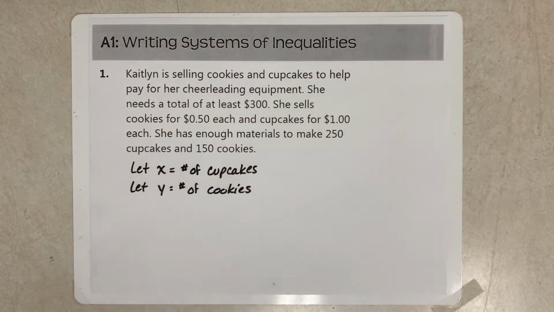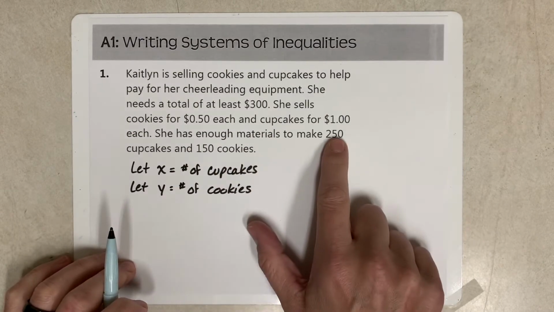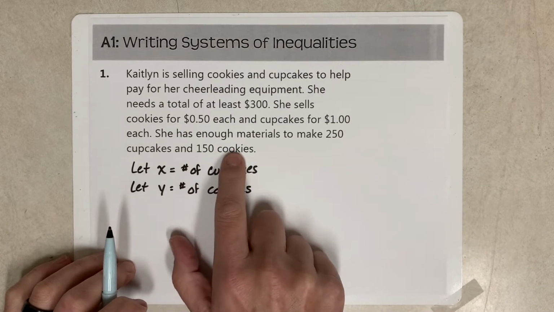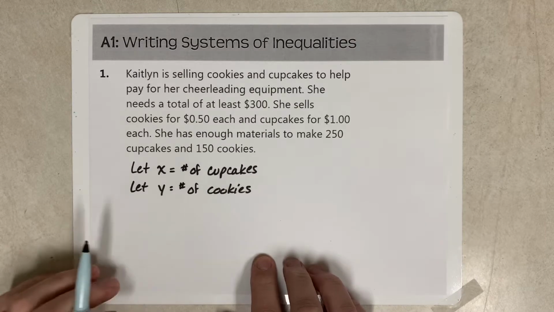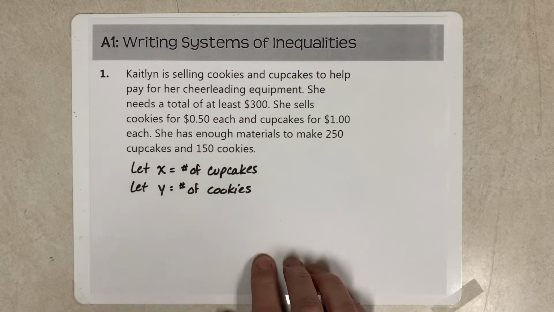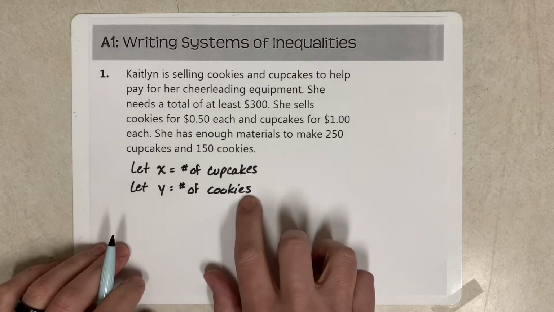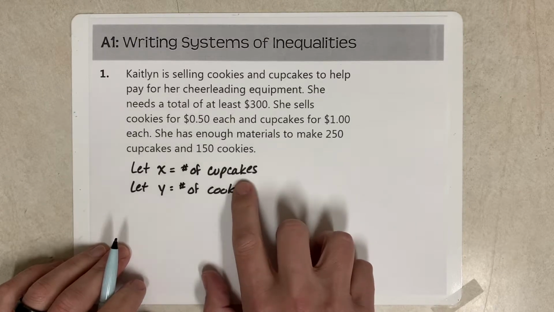All right, so let's write some inequalities. First of all, it says she has enough materials to make 250 cupcakes and 150 cookies. Let's go ahead and do cupcakes first.